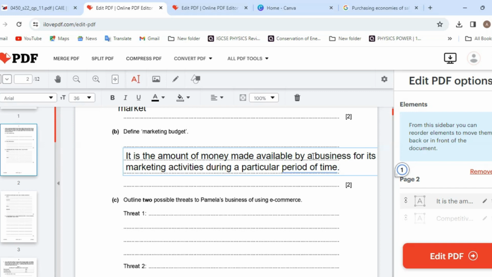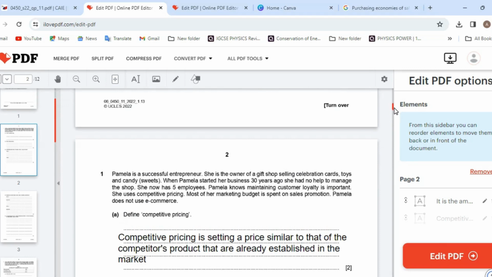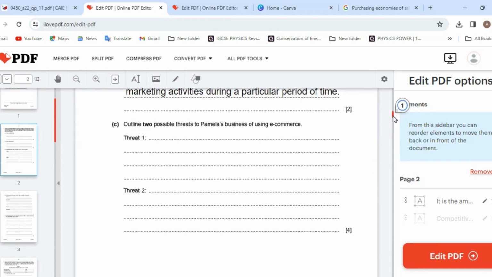Now let us see another question that we have here. Outline two threats to Pamela's business of using e-commerce. Of course, we were told in this appendix that Pamela does not use e-commerce. Now, assuming she actually used e-commerce, what are the threats it could face?